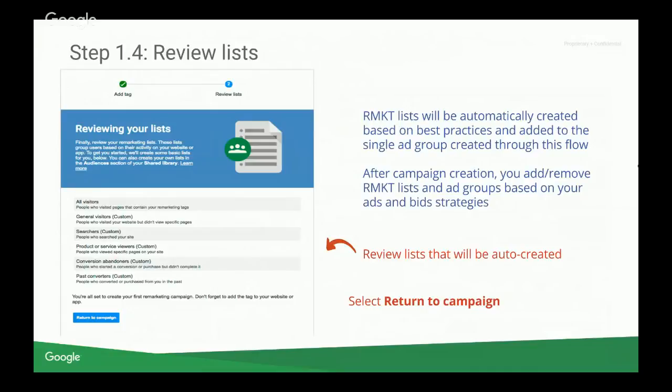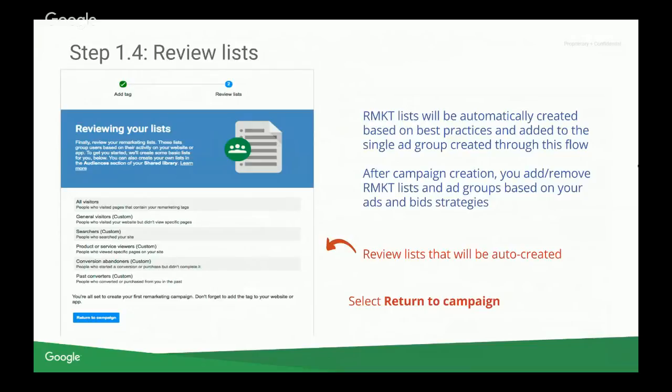You have all visitors, general visitors, searchers, which means the people who search your site, product or service viewers, people who viewed specific pages on your site, conversion abandoners, people who started a conversion or purchase but then didn't complete it, and past converters, which are people who converted or purchased from you in the past.